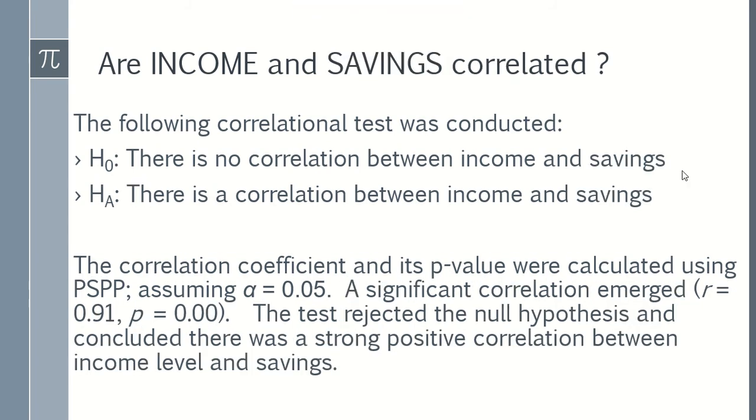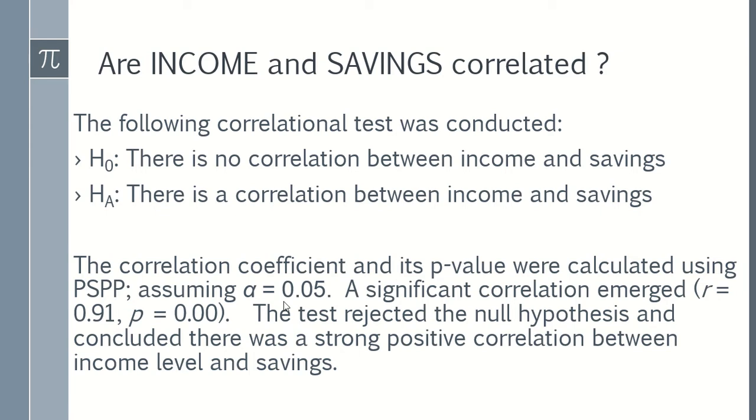Alright, so now we'll look at income and savings. And here we attempt to see if those two variables are correlated. We find the p-value here is 0, which is lower than 0.05, so we reject the null.